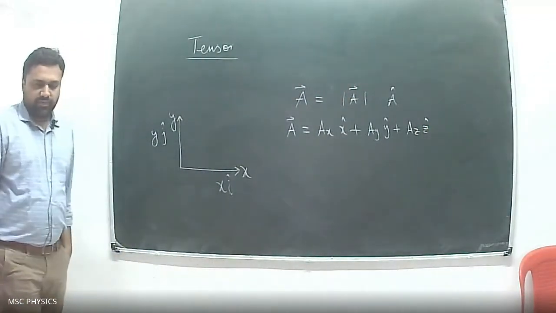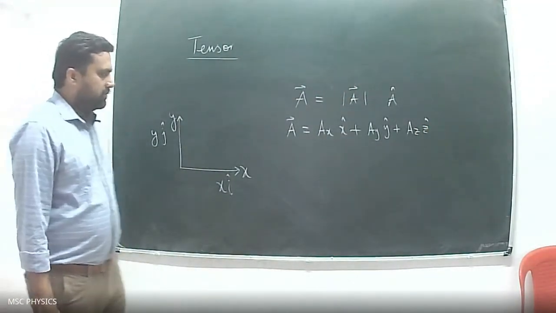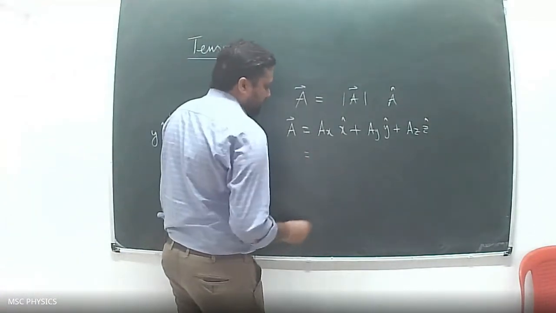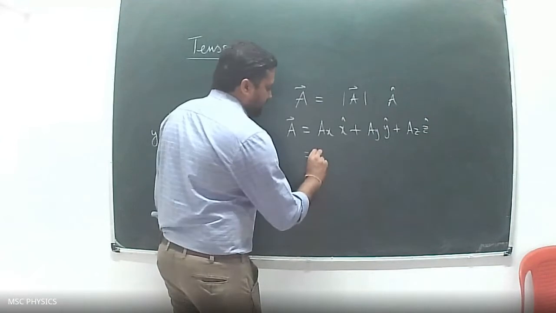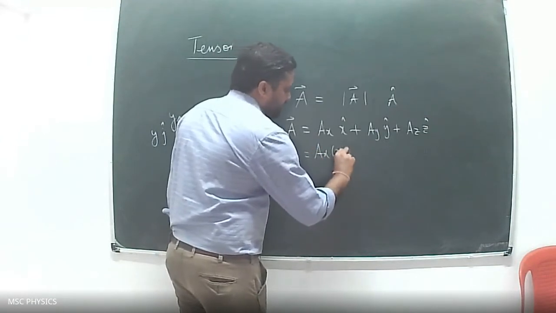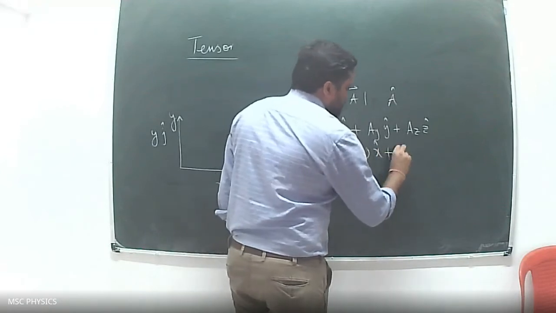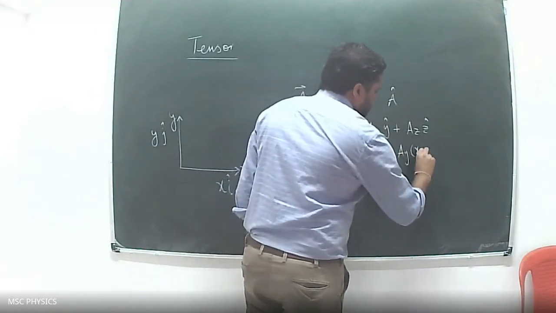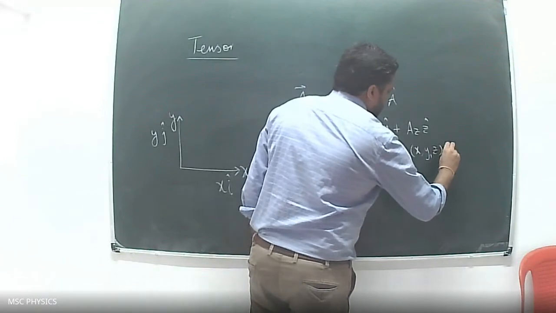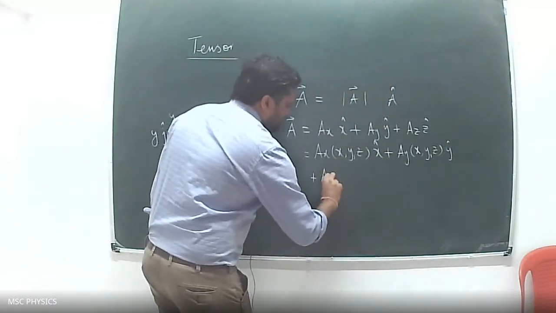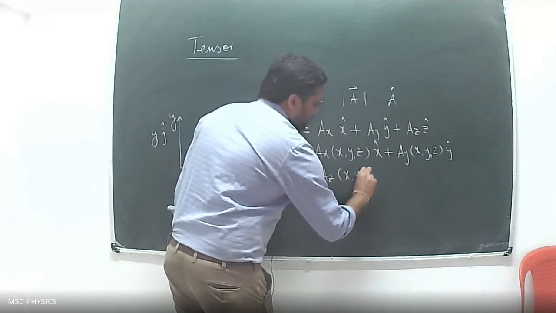This is the general form of a vector, and it can be written in an even more generalized form: a_x could be a function of x, y, z. a_y could also depend on x, y, z, plus the third component a_z could also be a function of x, y, z.